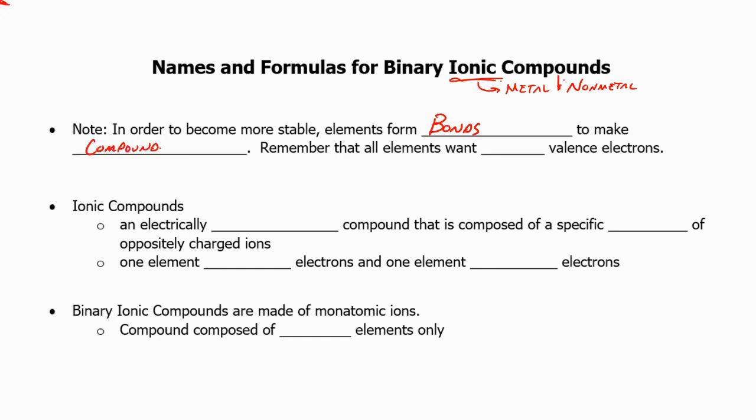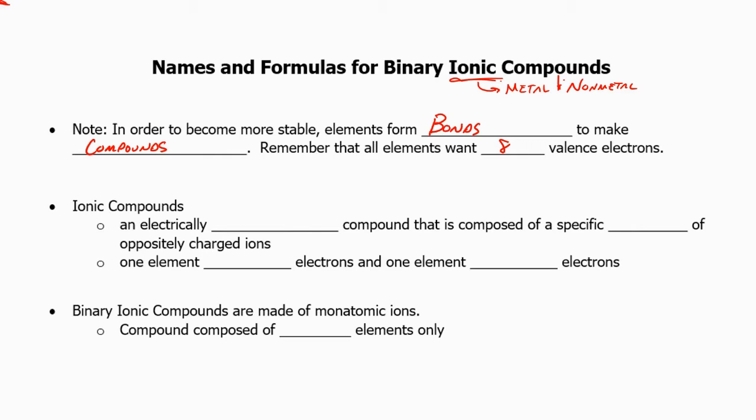That's the first important point. When elements are forming these bonds, all elements want to have 8 valence electrons. And the way that they get those is through the charges that we talked about earlier with the periodic table.